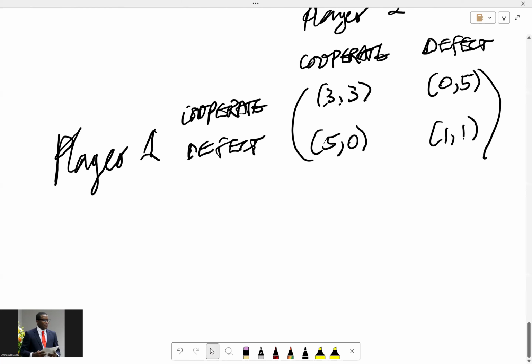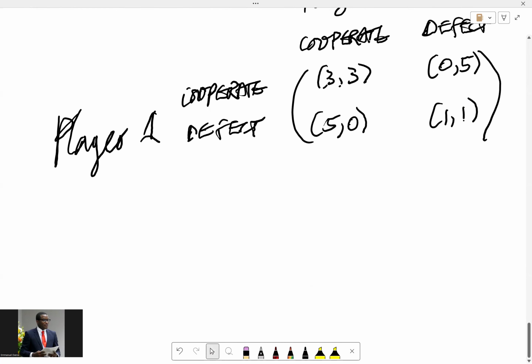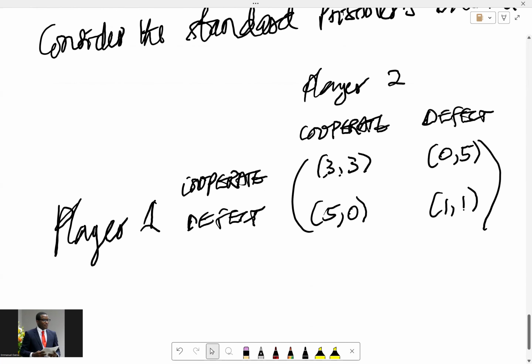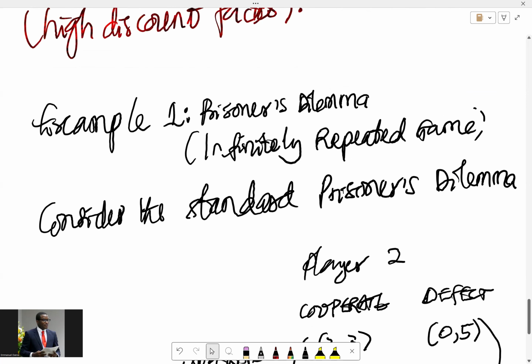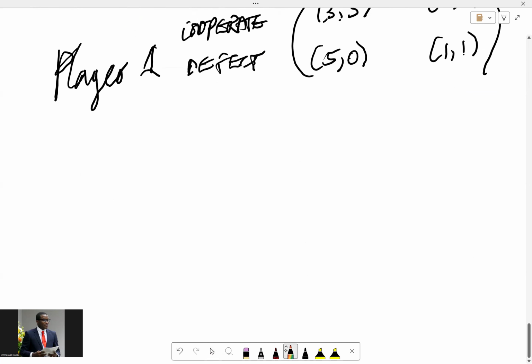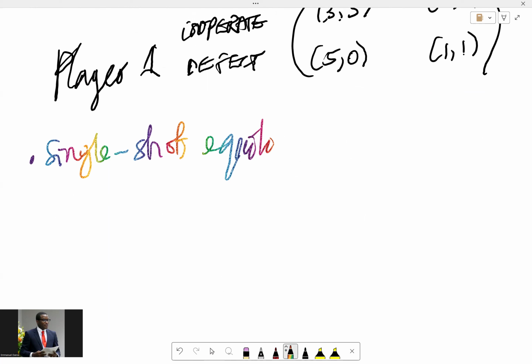Okay, so in this case, these are the points to note. We have the single shot equilibrium.